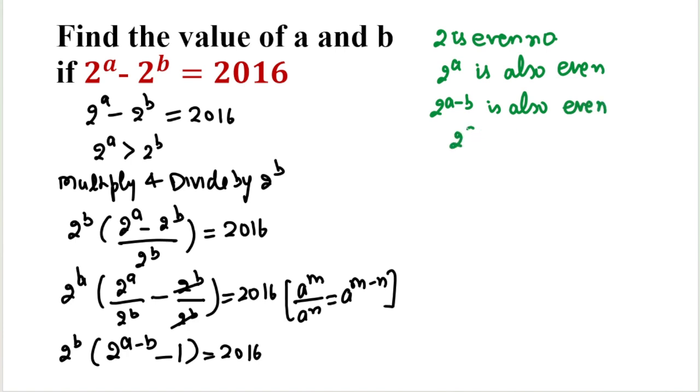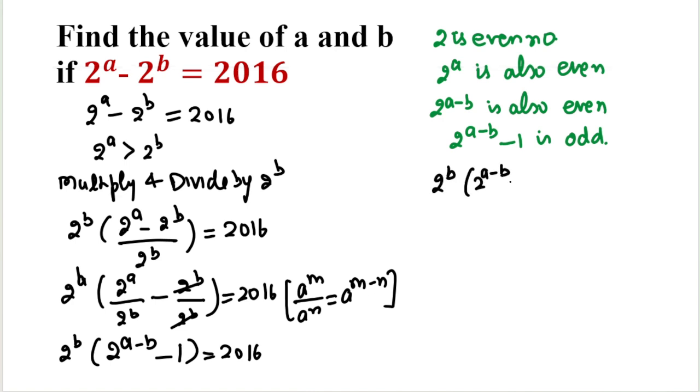So 2 power a minus b minus 1 is odd. Now factorize 2016. Now we will write the factors of 2016 here.